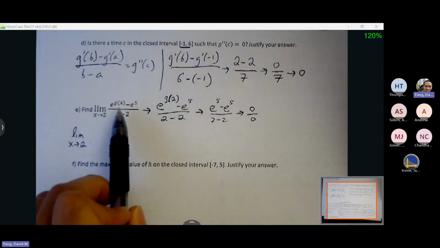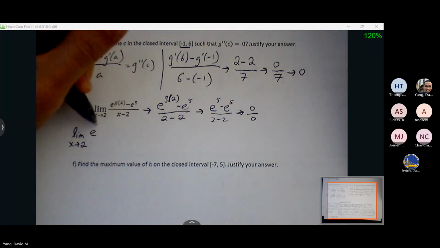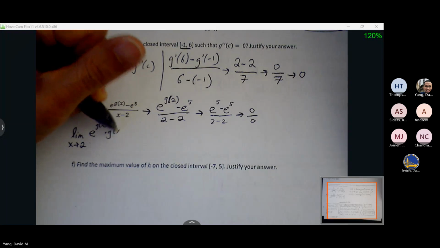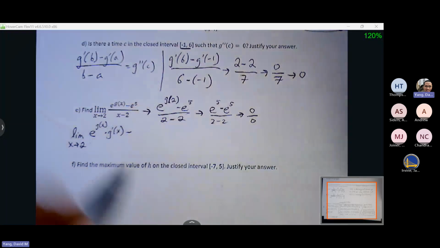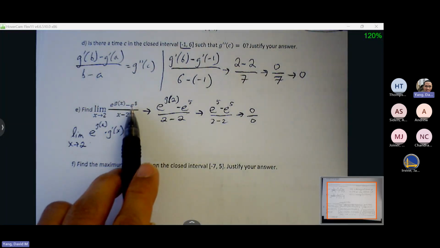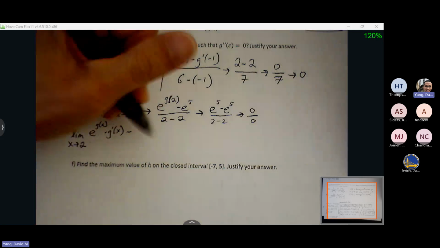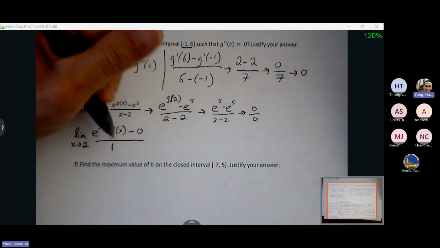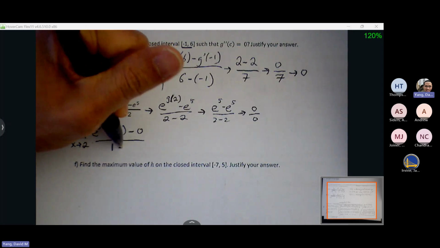The rule for e to the u, derivative-wise, is e to the u times u prime. Minus, okay, what happens to e to the 5th? 0. X goes to 1. Negative 2 goes to 0.